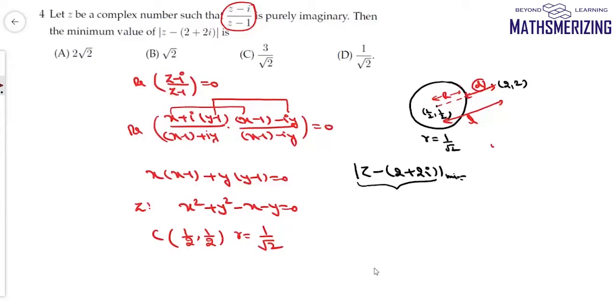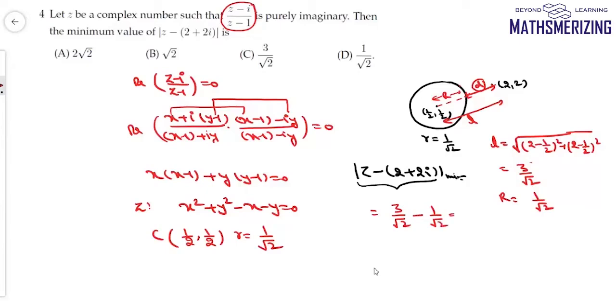So we'll find this distance L. So this distance L will be the square root of (2 minus 1 by 2) square plus (2 minus 1 by 2) square, which is 3 by root 2. And what is the radius of this circle? The radius of this circle is simply 1 by root 2. So the minimum value of mod of z minus (2 plus 2 iota) will be L minus r, which is simply equal to root 2, and that's your option B.